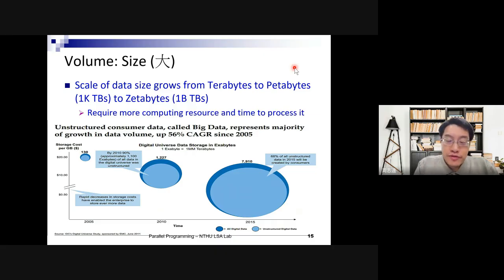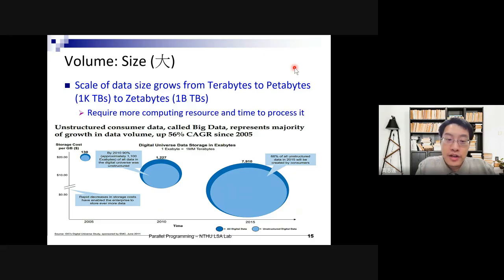As an example, if you have only one server, one machine, or one hard drive, the largest data you can store on that hard drive is probably just 4 terabytes. So if you have a data source that can provide data up to 10 terabytes, then you could not even store it, right? So that's the problem created by volume.